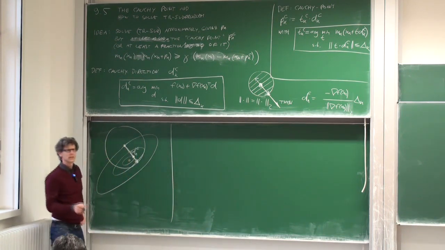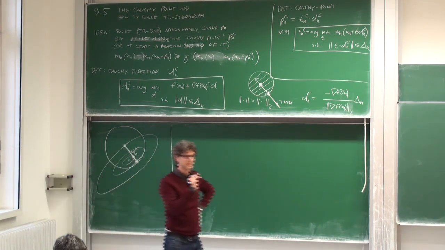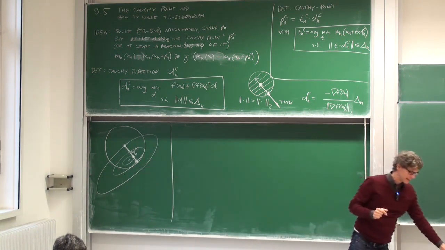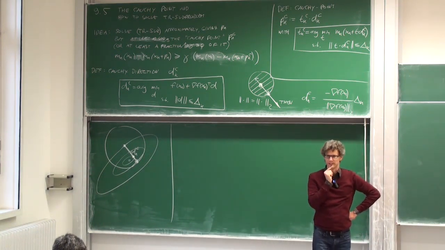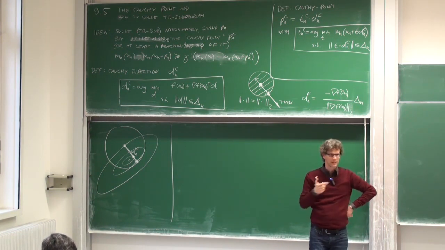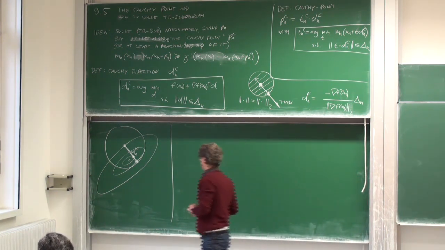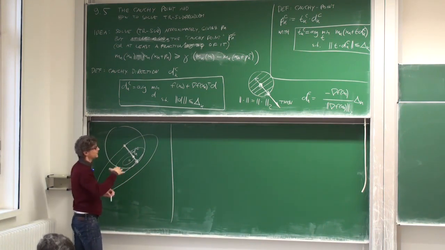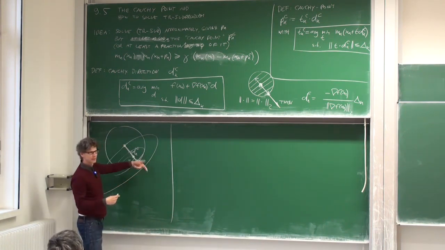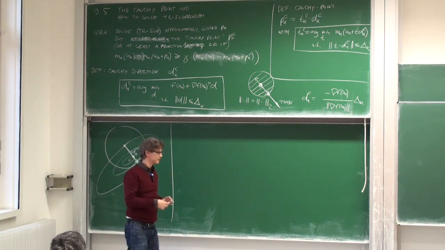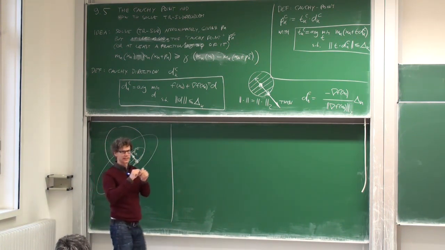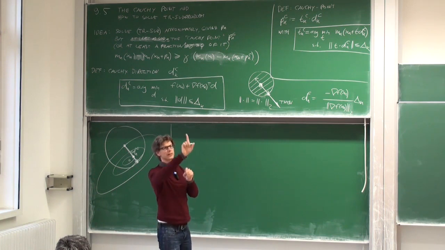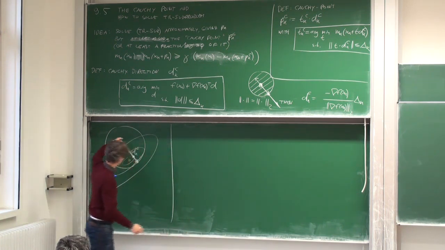I will not do that derivation now, because the time is getting over. I will just refer to the book of Nocedal and Wright. It's relatively easy, and I will say it in words. In the direction in which you want to go, the gradient is correct, but you could have a quadratic that is positively curved, like what I described here.